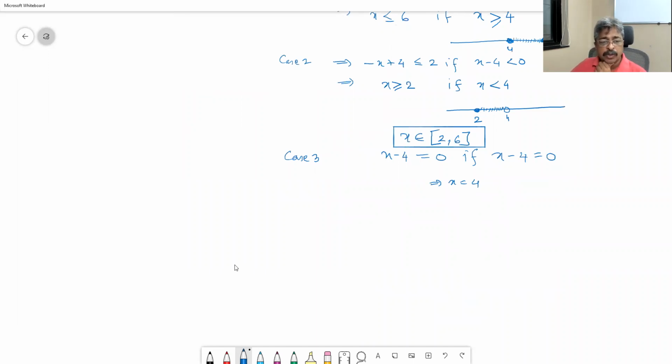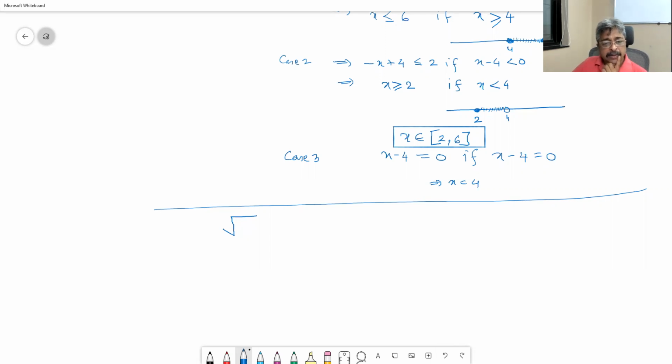Now, this is most important what I am trying to tell you. Root of x square is equal to. Now, let me first give you the definition of radicals. I must have given it earlier.